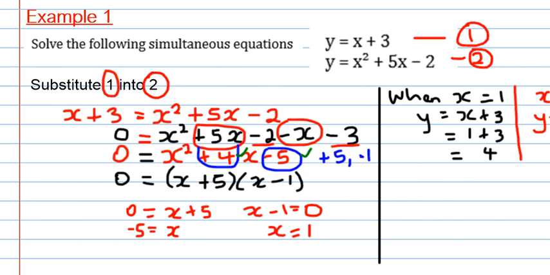So y equals x plus 3, that's the equation we're using. But x is minus 5, so we substitute that. So minus 5 plus 3. And that will give us minus 2. Is it minus 2? Yes, minus 2.